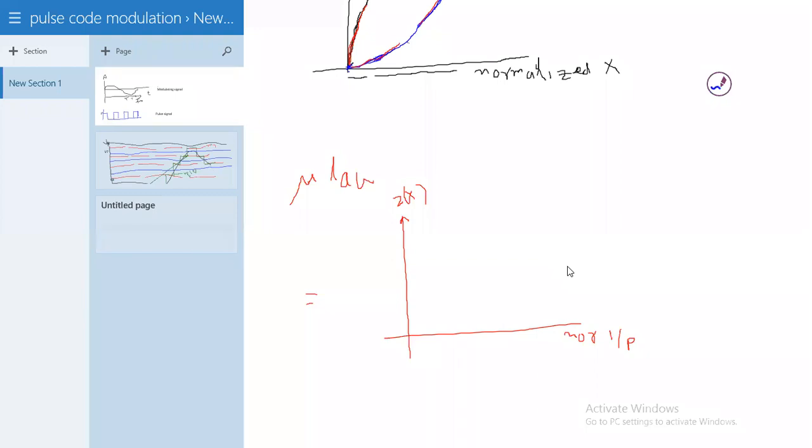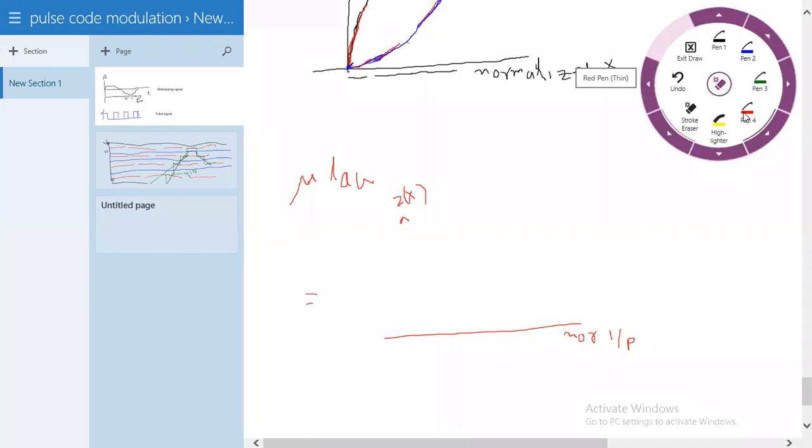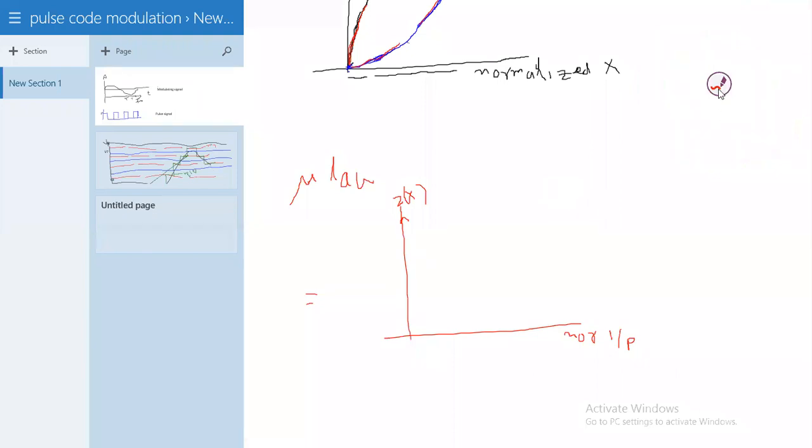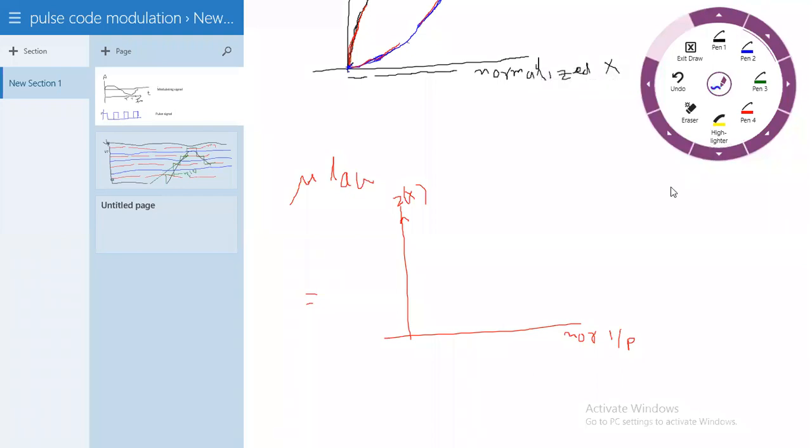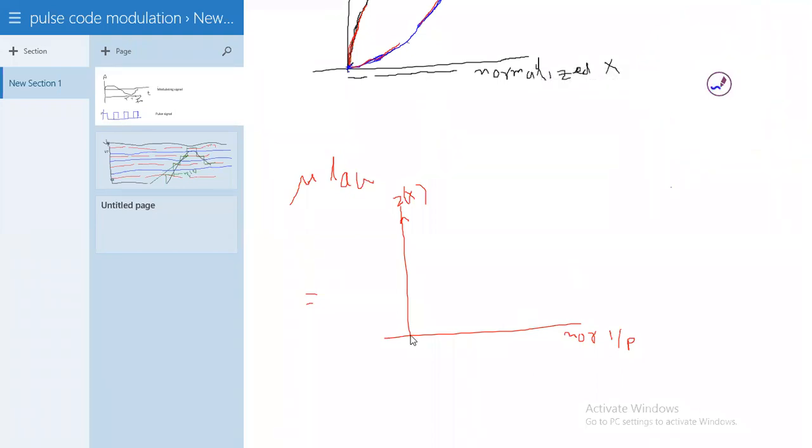Now, how are the characteristics for Mu-law companding? So for Mu-law companding, the compressor characteristics are like this. If mu is the parameter, we can draw it. If mu is equal to 0, there is no compression that takes place.